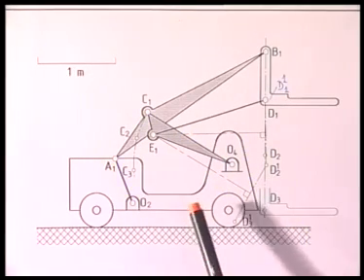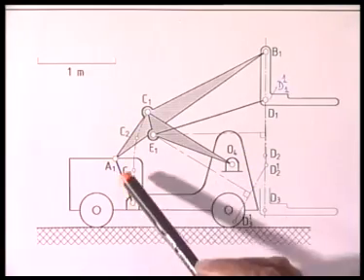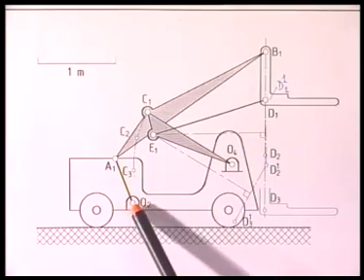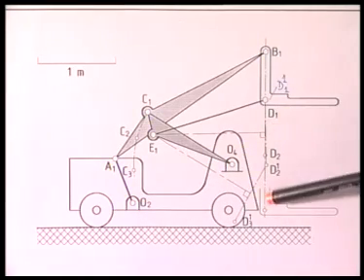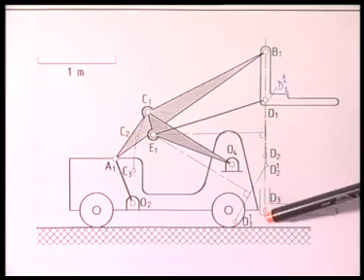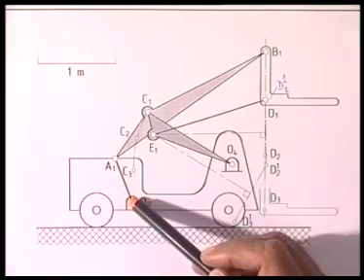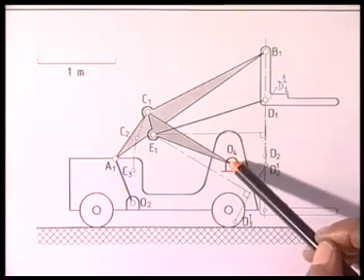So, at the second stage of our synthesis, we have determined this linkage O2, A1, C1, O4, out of which O2 and O4 had been chosen conveniently on the body of the truck. The line of travel of the fork was also conveniently chosen in the front of the truck, and we have come up to this design O2, A1, C1, B1 and O4.